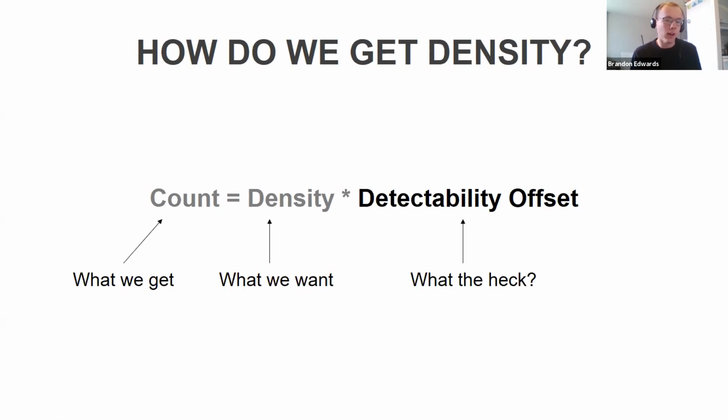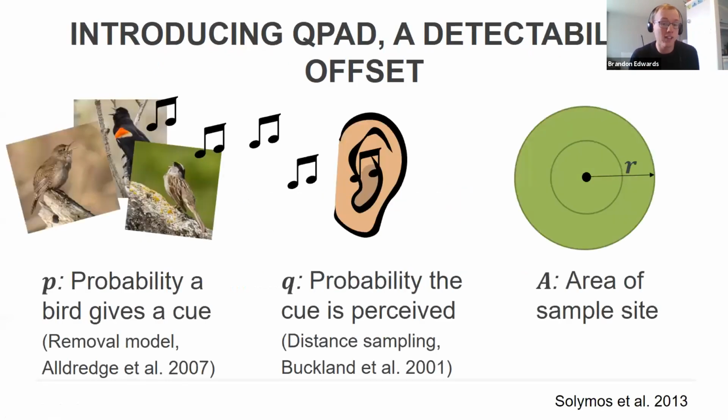And luckily for us, there already exists some of the statistical tools to actually estimate these detectability functions. And one such detectability offset is this QPAD offset that was developed by Peter Solymos and company in their 2013 papers.